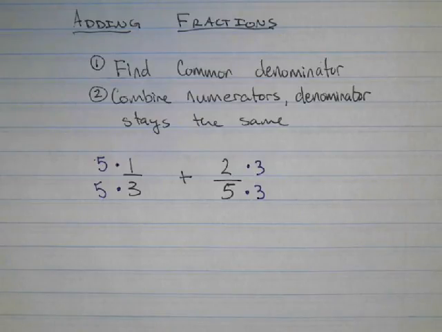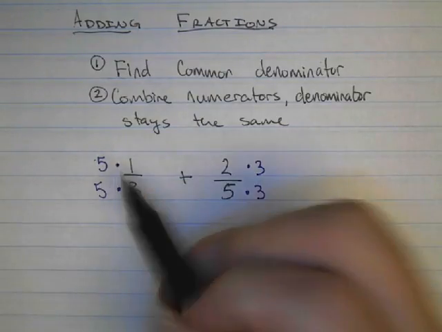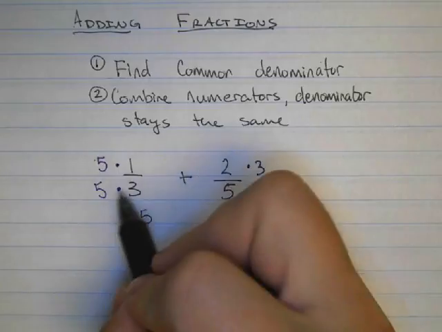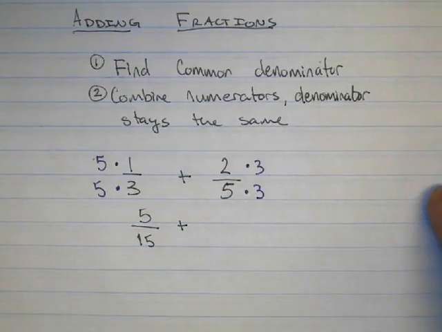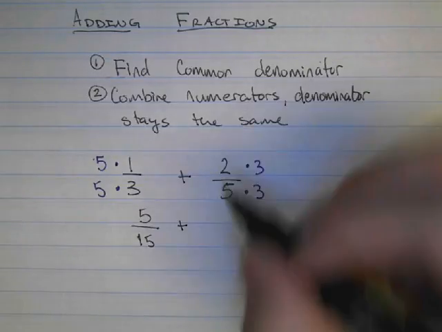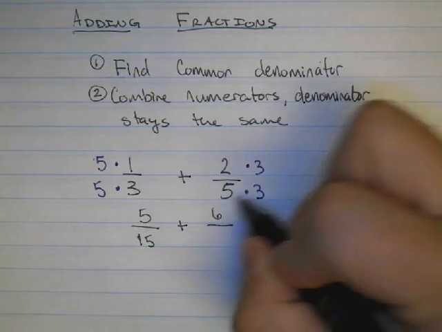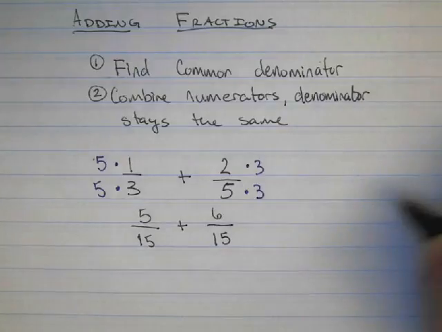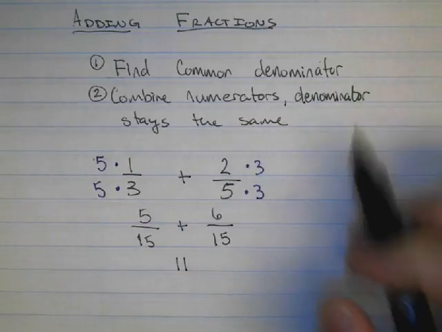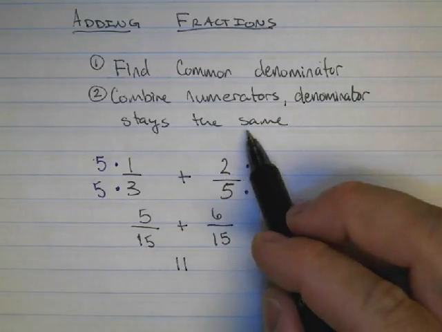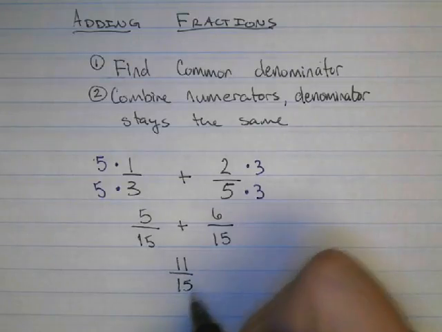Now we'll do our multiplication. 5 times 1 is 5. 5 times 3 is 15. Bring my plus sign down. 2 times 3 is 6, and 5 times 3 is 15. Now we combine numerators. 5 plus 6 is 11, and the denominator stays the same, so that would be 15.